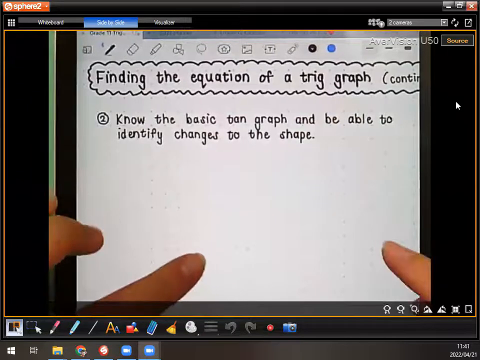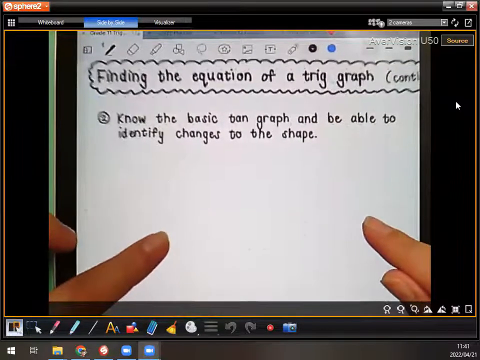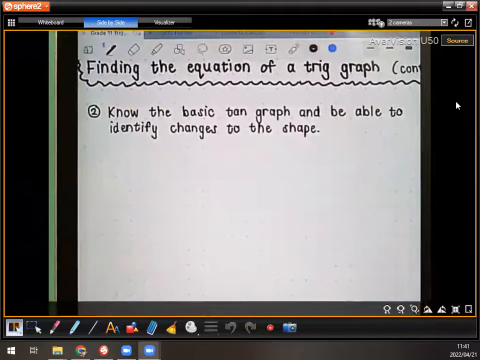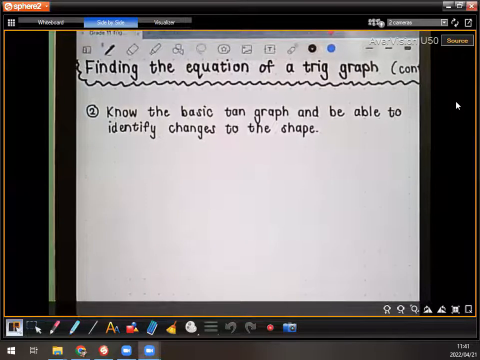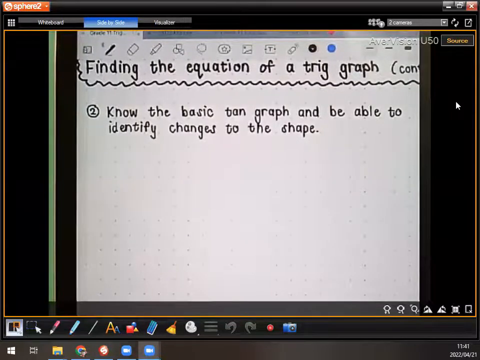To know the basic tan graph and be able to identify changes to the shape. If we know what the tan graph looks like, but we then see that something is different here, then we can figure out what is different in the equation as well.